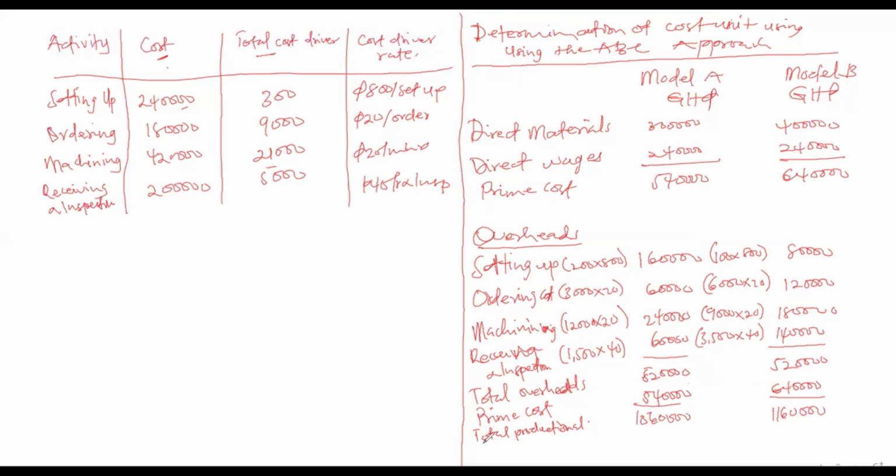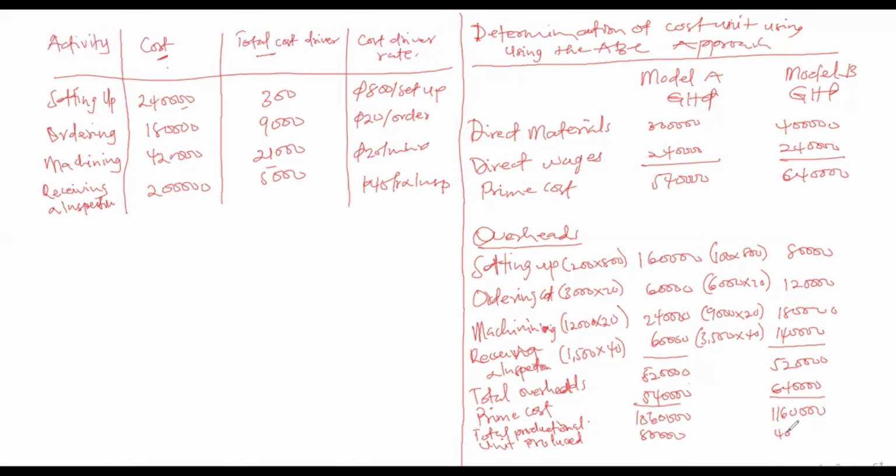But they are saying we should find the cost per unit. So we need to divide by the units produced. The units produced for model A is 80,000, and model B is 40,000.